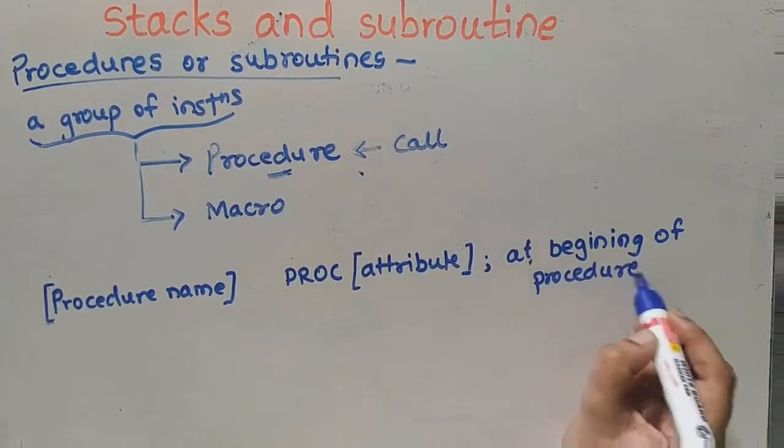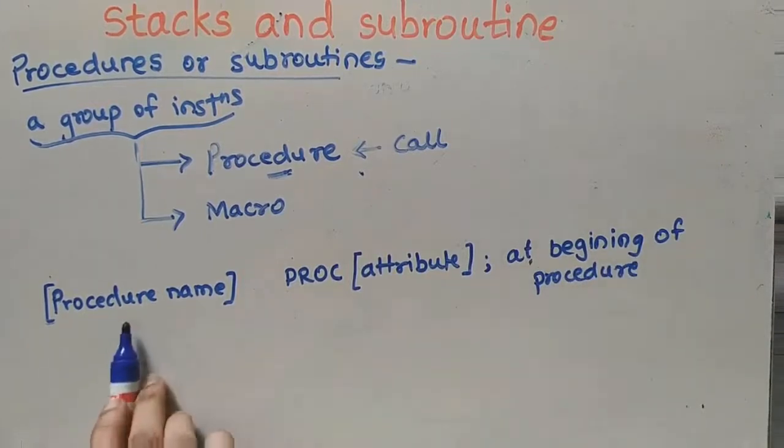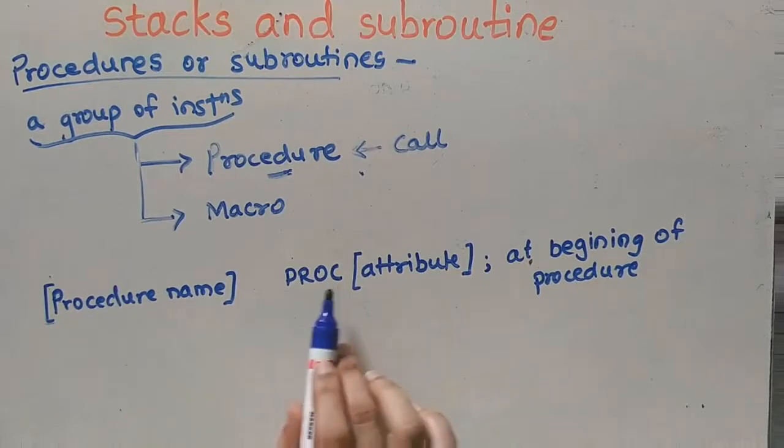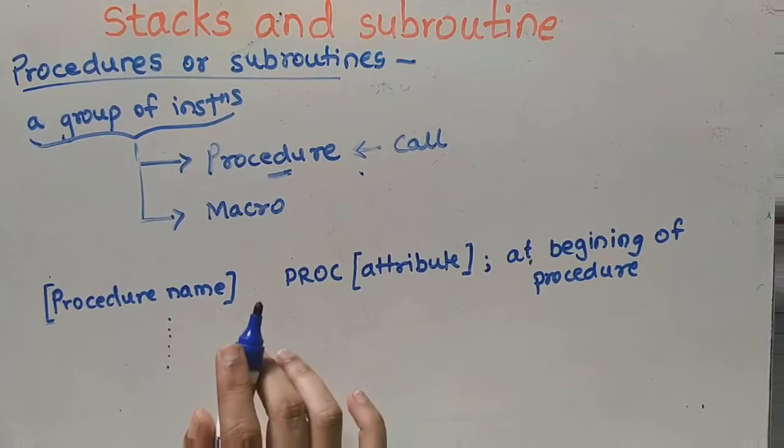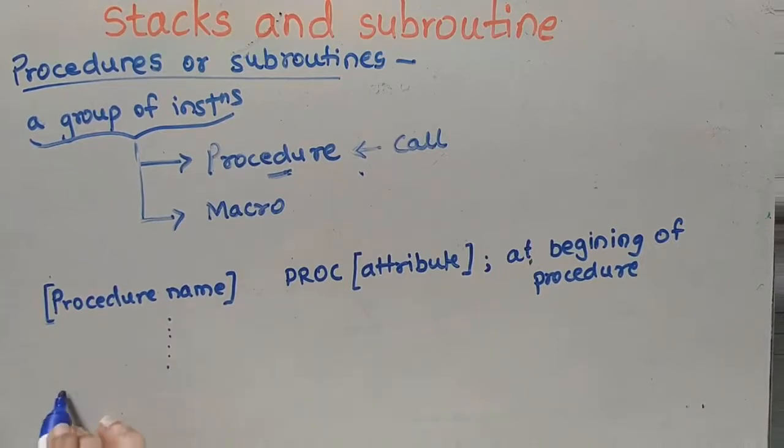How can we write the procedure? At the beginning we have to write down the procedure name, proc and attribute. Then whatever the in-between instructions are there, again at the end we have to write down the procedure name.